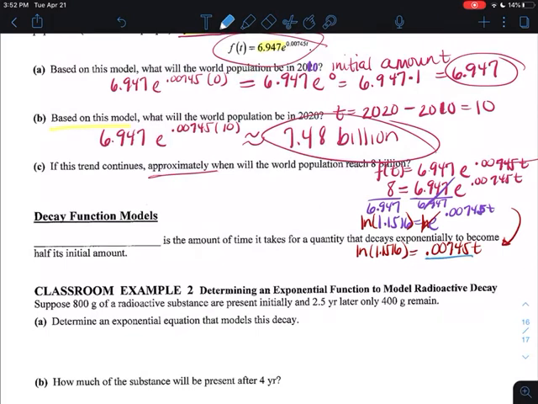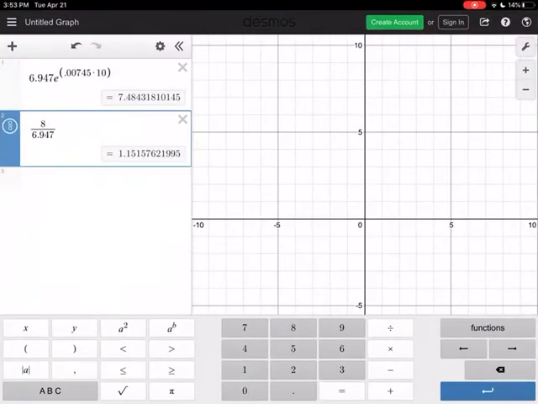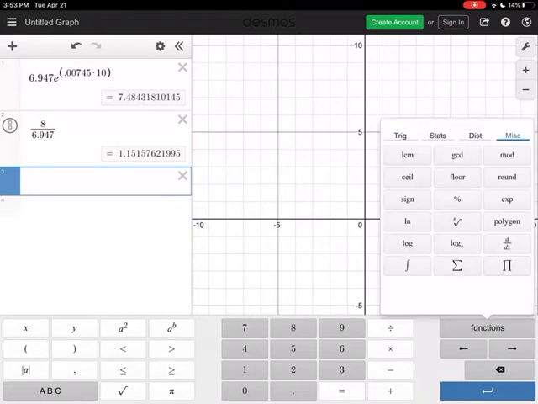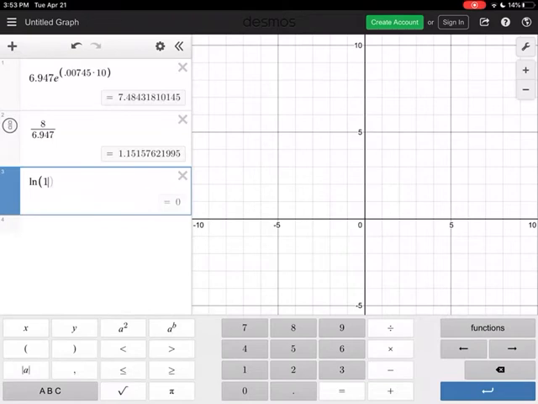To get t by itself, I'm going to divide both sides by this decimal, 0.00745. That cancels out. And so when I put this in my calculator, this should give me a number of years. So I have this ln of 1.1516.